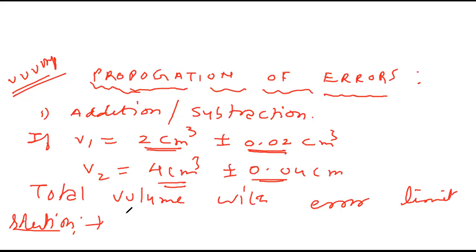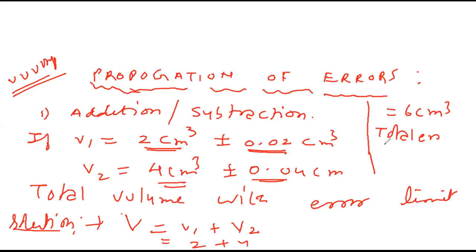So total volume V is the sum, because we have to find total volume with error limit. That will be 2 plus 4, which equals 6 centimeter cube. For error, we have to add again.